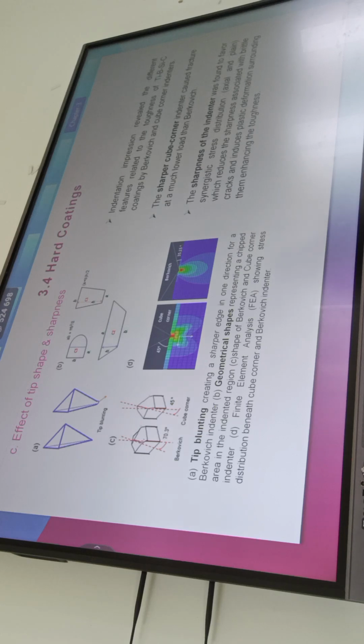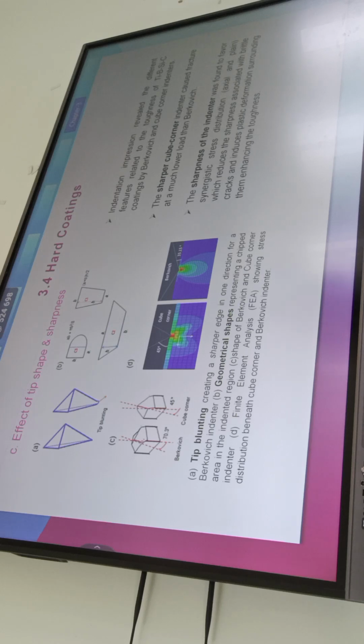Here the indentation impression reveals different features related to the toughness of the TiB-SiC coating. In the first image we see without any alteration, and in the second we see tip blunting.